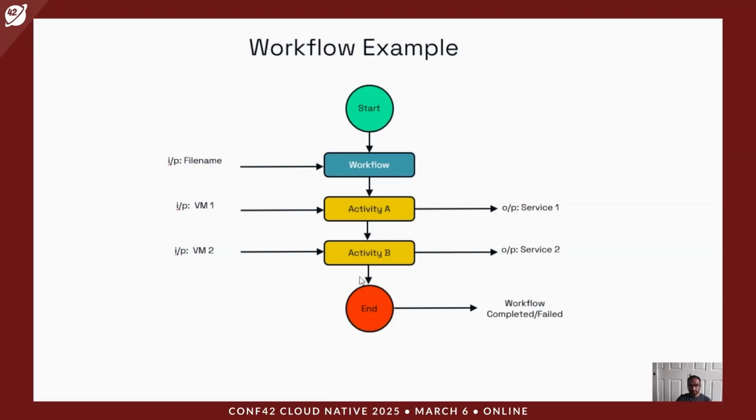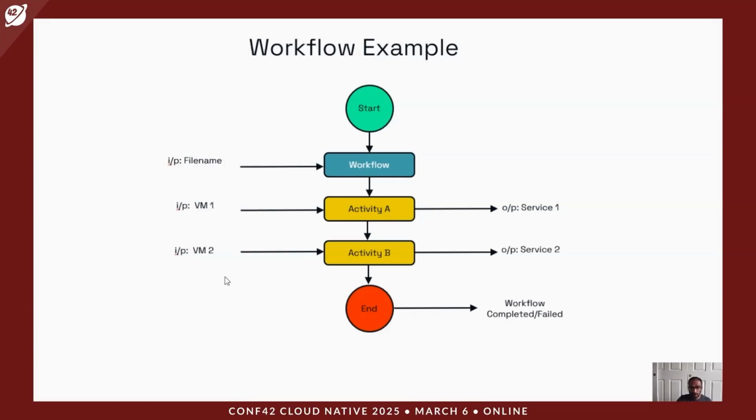So we also discussed that the Dapr workflow is able to resume in case of failures. So what ends up happening is for each input and activity combination, the progress is saved inside the state store. For example, for VM1 and for activity A, if there was an output, the progress is stored in the state store. When there's a failure, Dapr would check for this combination if there is already an output.